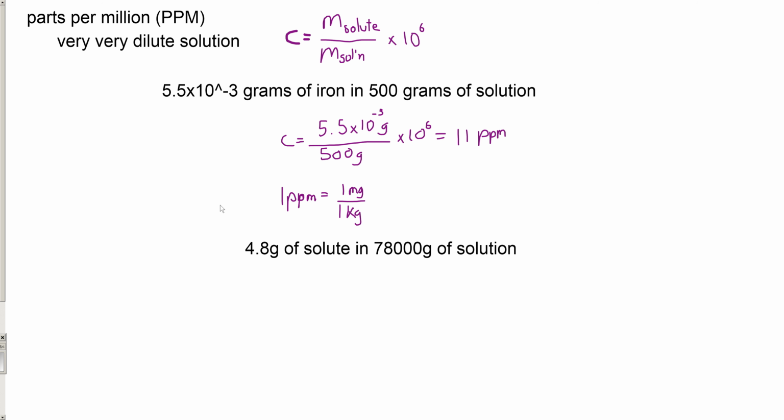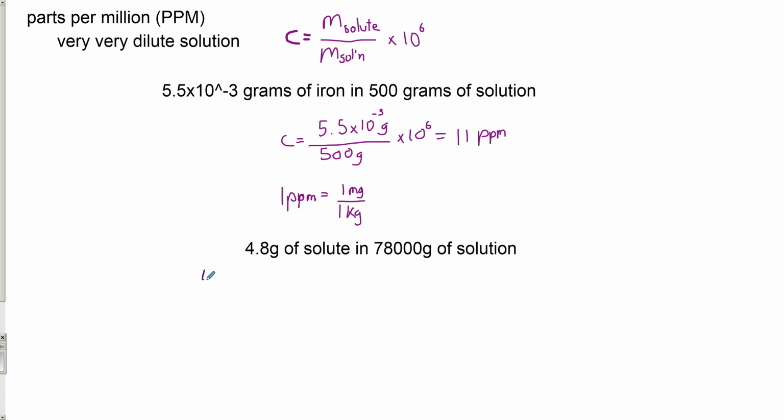Here, yes, we could do grams divided by grams and then times 10 to the 6. That's true. But let's turn our solute number into milligrams, and let's turn our solution number into kilograms.